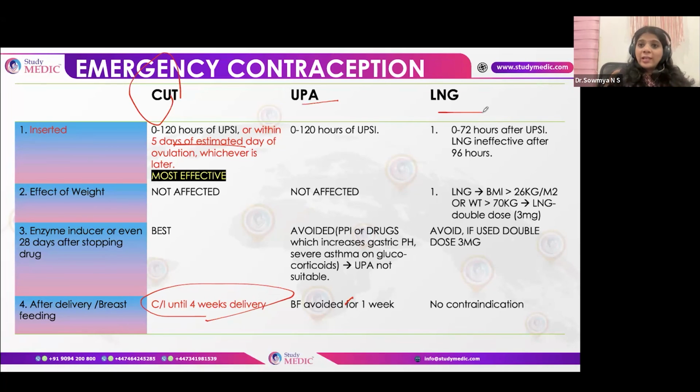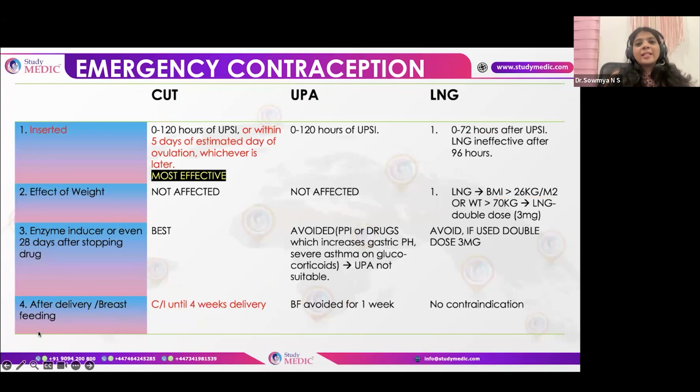And when you come to LNG, both copper T and UPA can be given up to 120 hours of unprotected sexual intercourse. LNG is 72 hours. And there are a lot of things for LNG. The success rate might not be as good as them. And the BMI, if they are more than 26, you have to give double the dose.